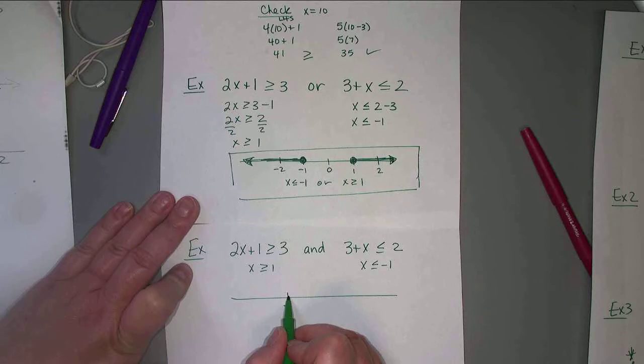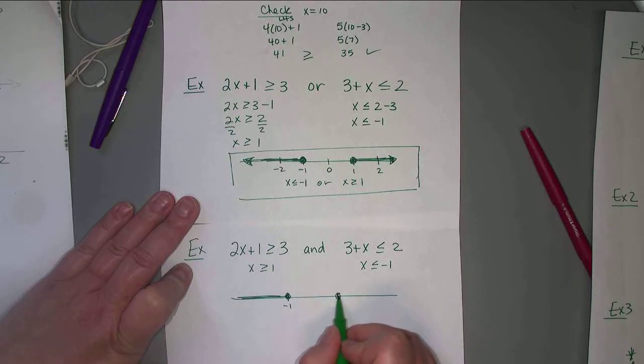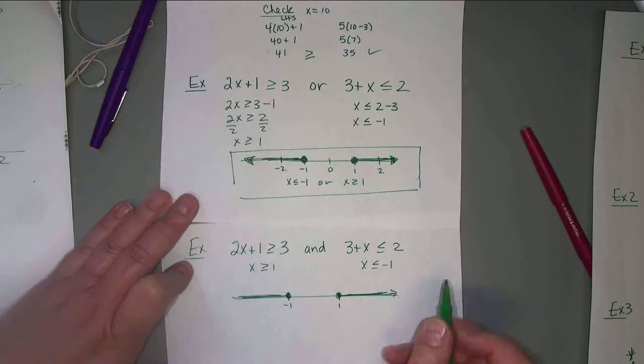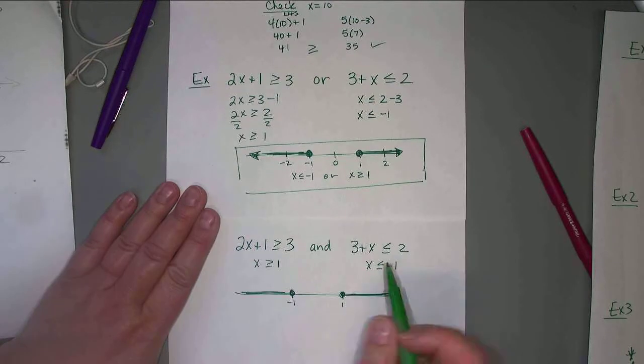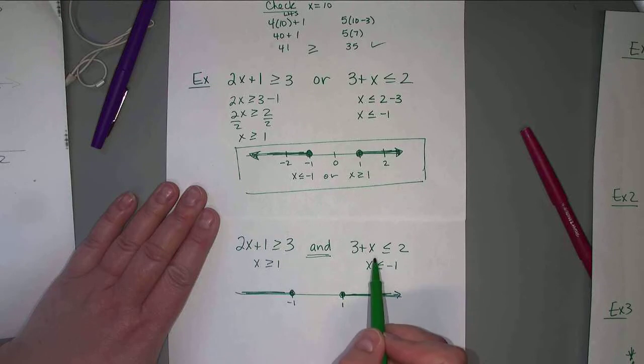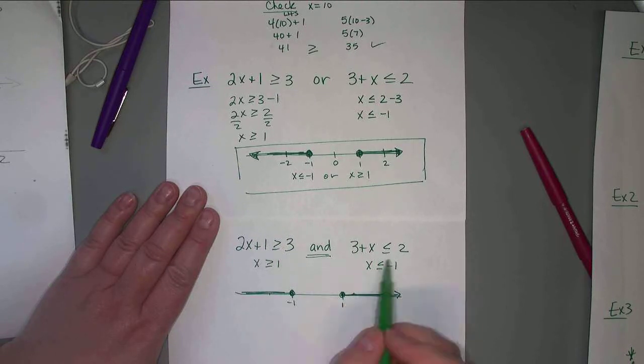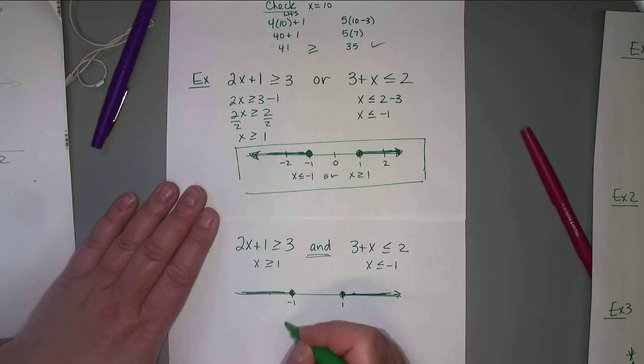So here's the 2. So the problem is we want something that works both here and here. These numbers don't overlap. So this question actually has no solution.